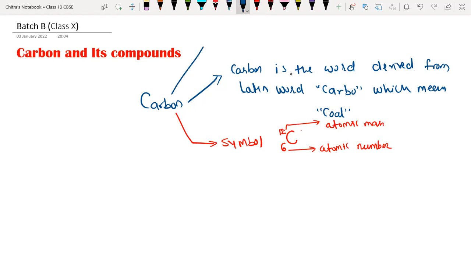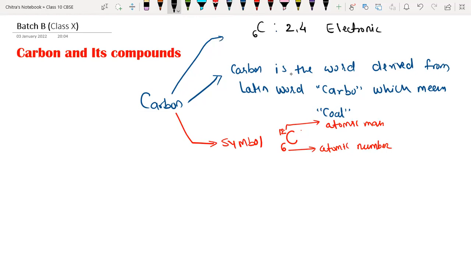Next point, its position in the periodic table. Carbon has atomic number 6, so its electronic configuration, I'm writing first, is 2 and 4. That is the electronic configuration.